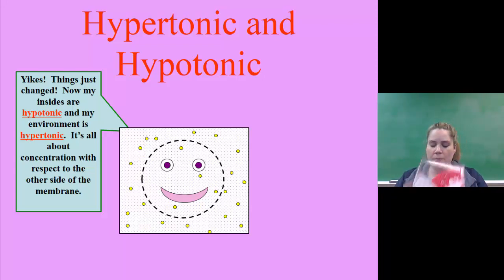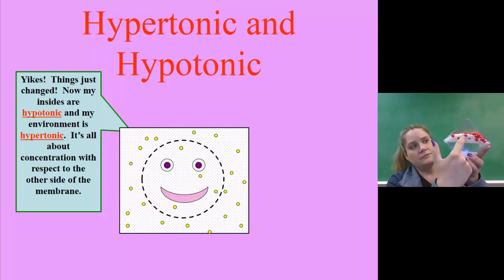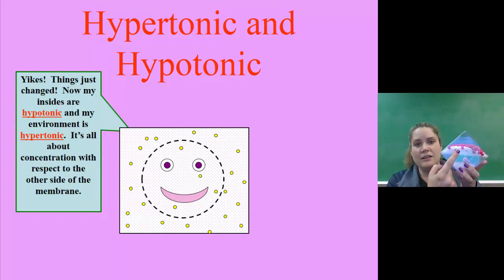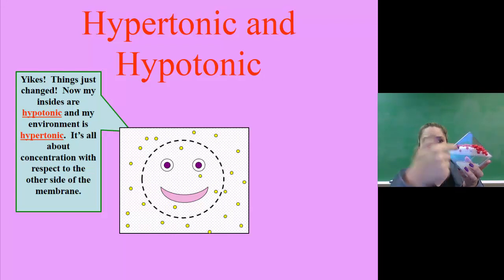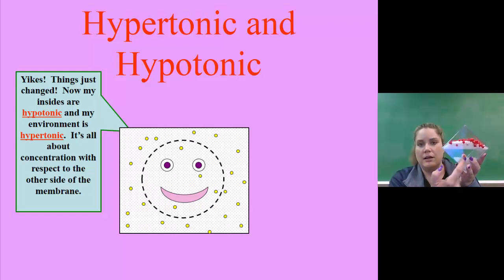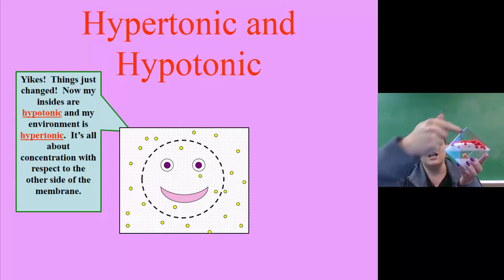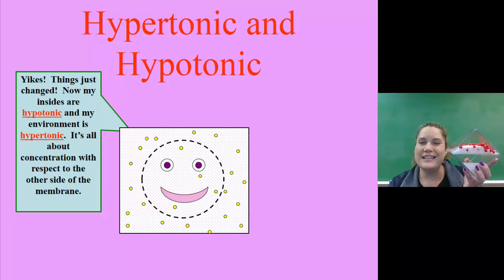So here we go. Right here, the top part of this cell, for the red molecules, hypertonic, hypotonic. But if we're talking about the white molecules, hypertonic, hypotonic. So even as we're looking at individual molecules, it may change. So you have to know which solute you're talking about too.